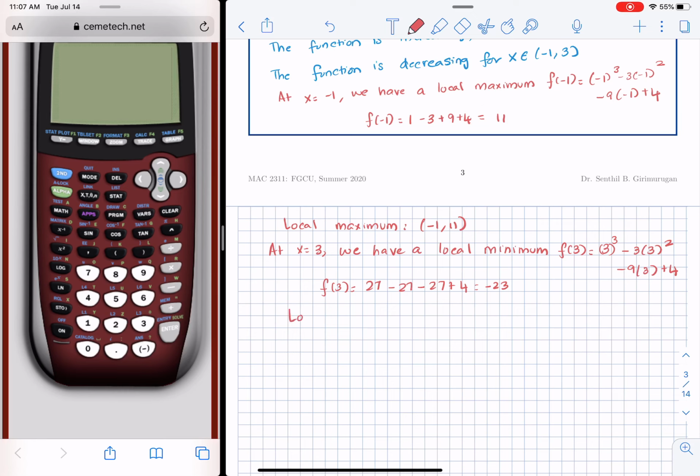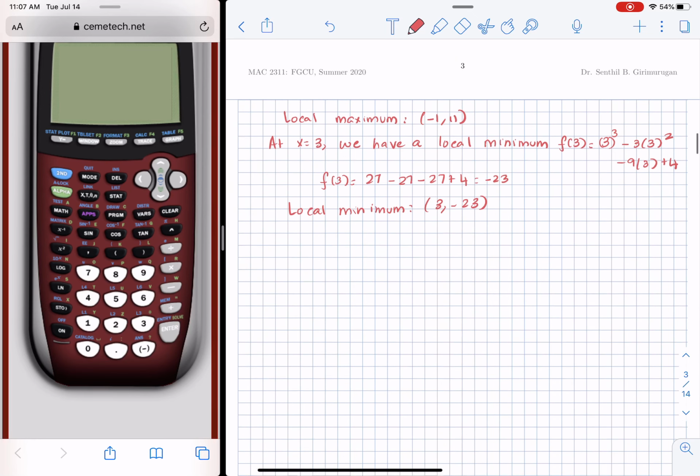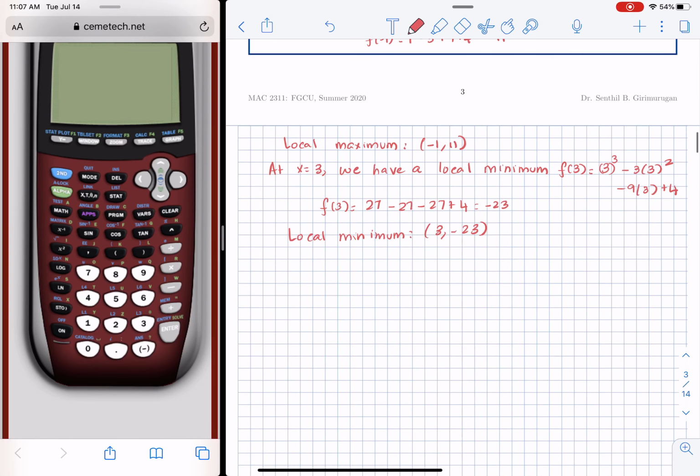So the local minimum is at positive 3, comma minus 23. So that's the first derivative test.